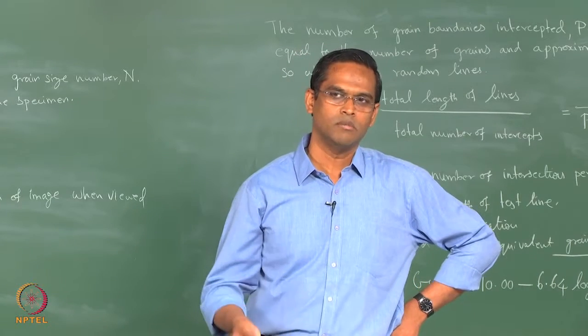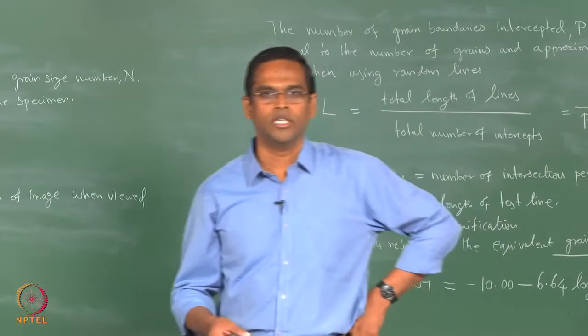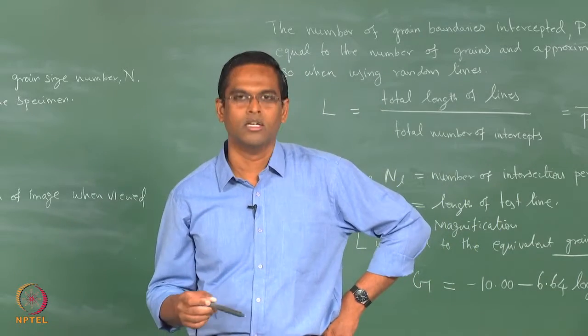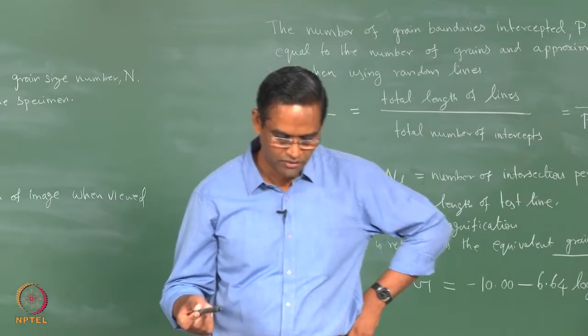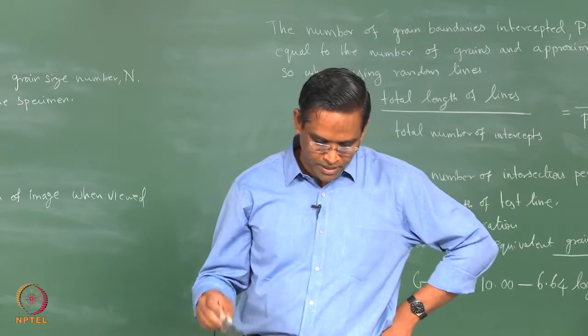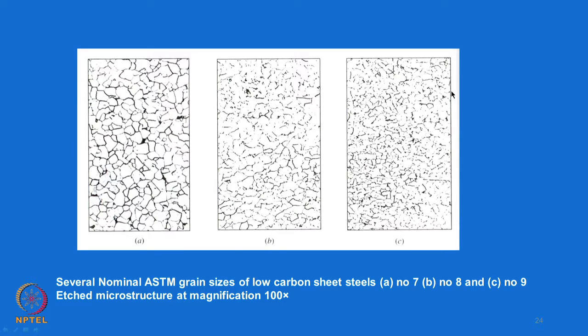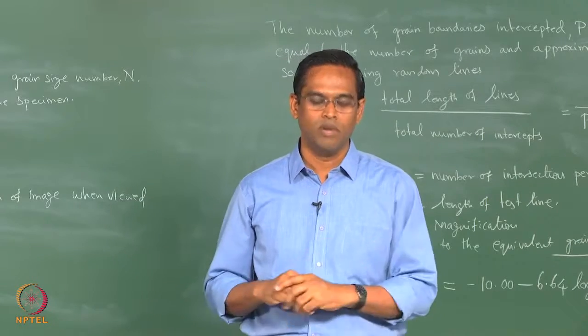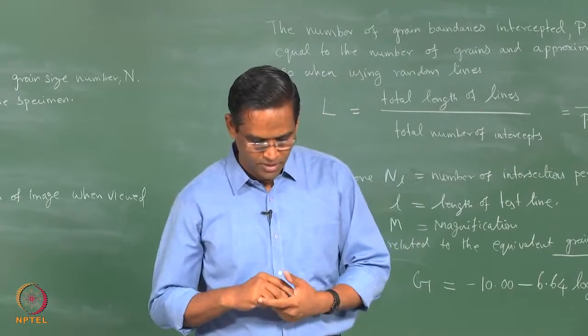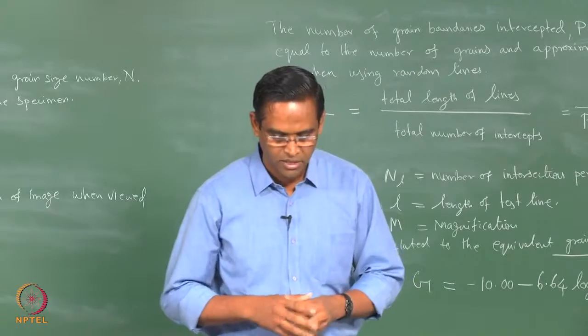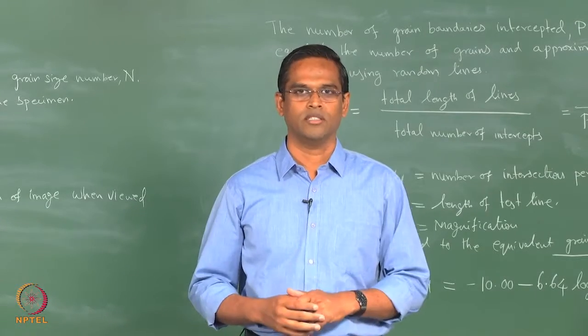Some of these measurements are typically done even using scanning electron micrographs, and these are readily available in some industrial shop floors, where you can look at the grain size for a quick reference. It may not be a very accurate calculation, but for a quick reference you will have this in industrial practice. We will see it in the next class. Thank you.